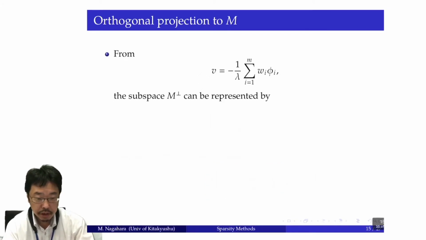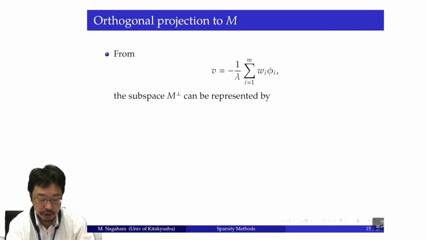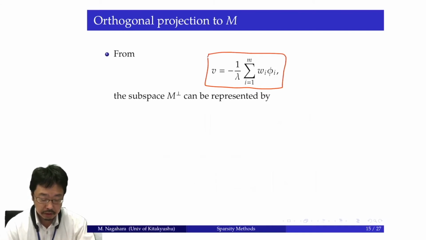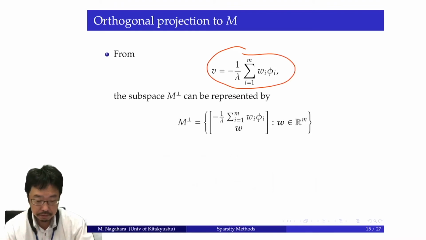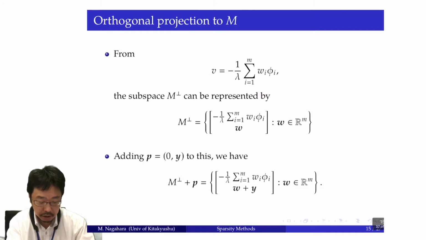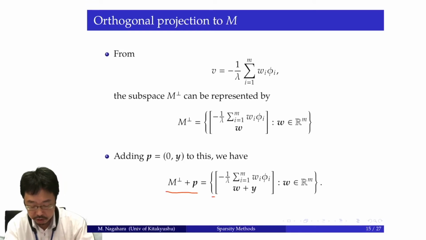From the expression of function v here, the subspace M perp can be represented by this. I just inserted this expression into the definition of M perp. Then adding p equal to (0, y) to this, we have M perp plus p is equal to this set.